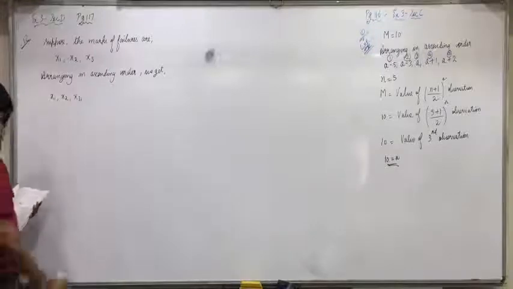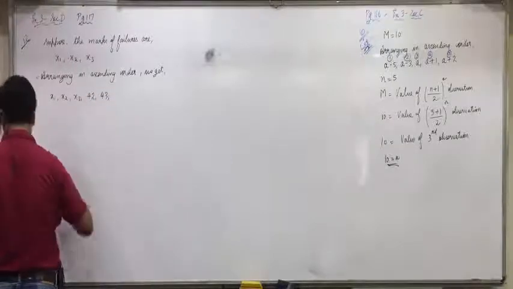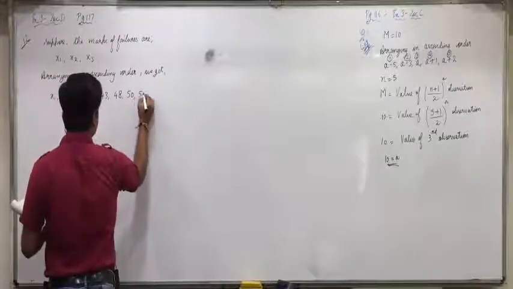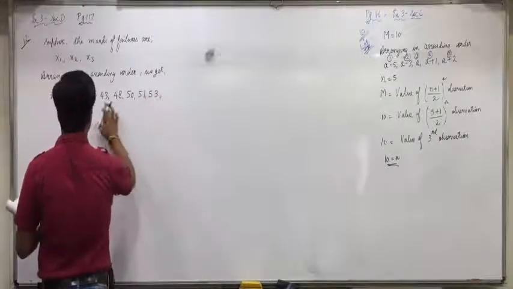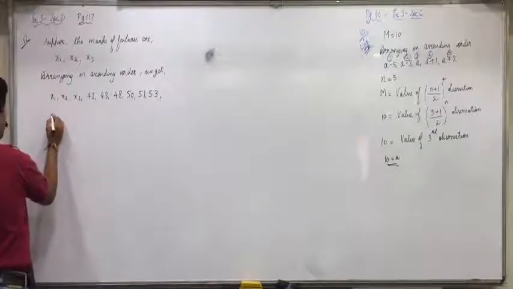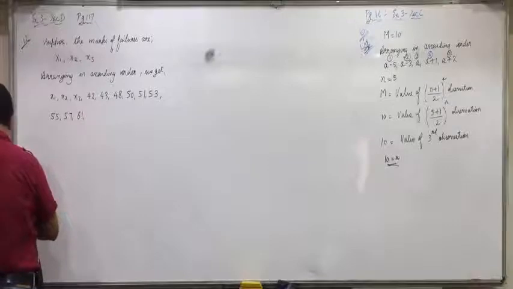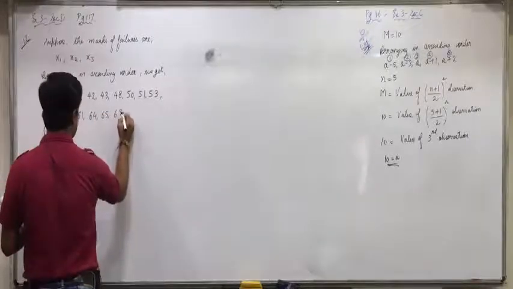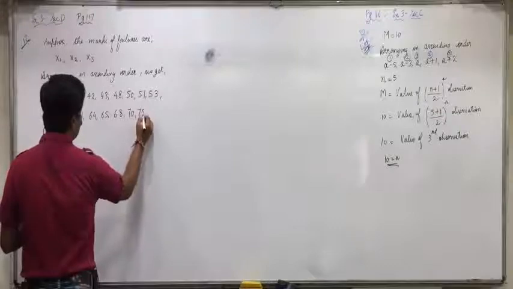Next. Now the lowest is 42, after that 43, 48, 50, 51, 53, 55, 55, 57, 61, 64, 65, 68, 70, 75, and then 79.